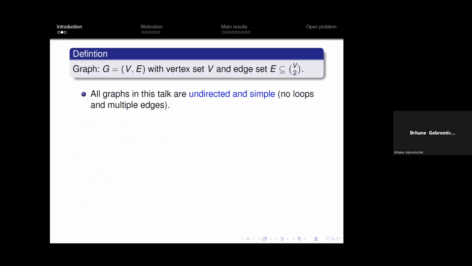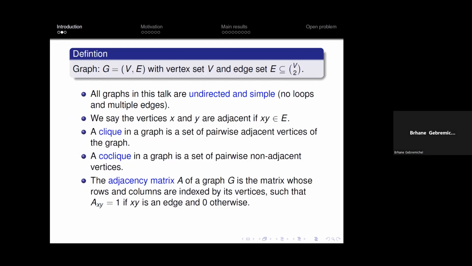As we see, many people introduce graphs. So for this talk, the graphs are undirected and simple graphs. We say vertices x, y are adjacent if xy is an edge, and a clique in a graph is a set of pairwise adjacent vertices of the graph, and a coclique is a set of pairwise non-adjacent vertices.